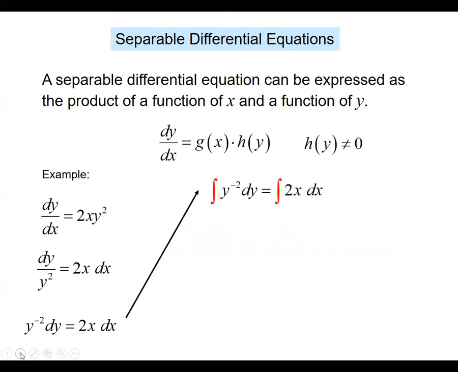Well, now I'm ready to integrate both sides separately. I've separated the variables into x's and y's, so now I can perform my anti-differentiation on both sides. So power rule on the left with the constant added in, and a power rule on the right with a second constant added.